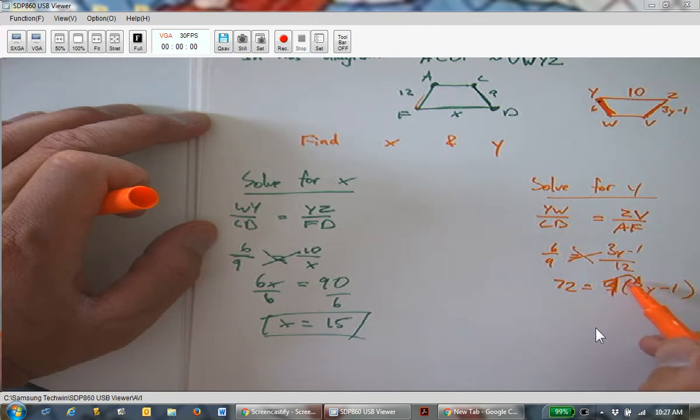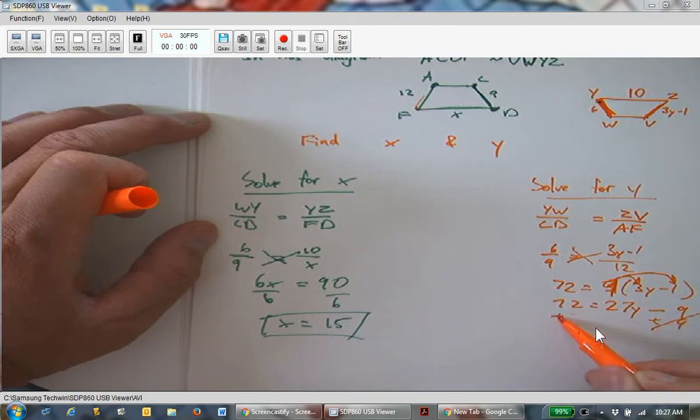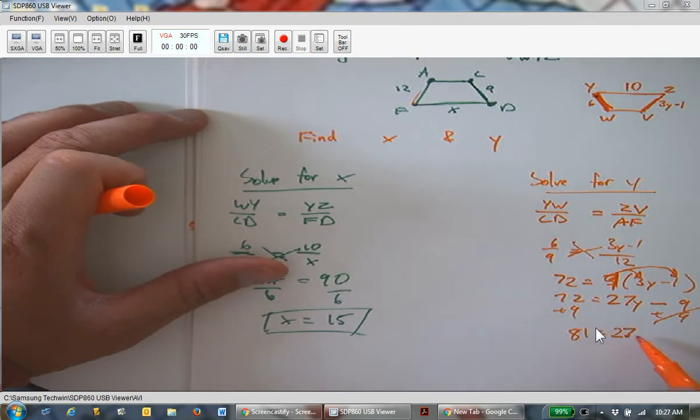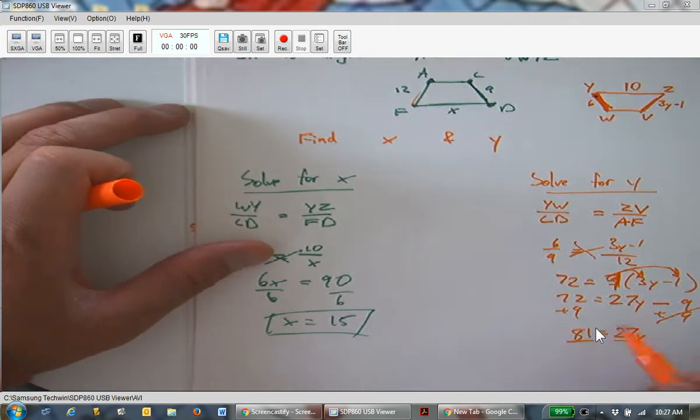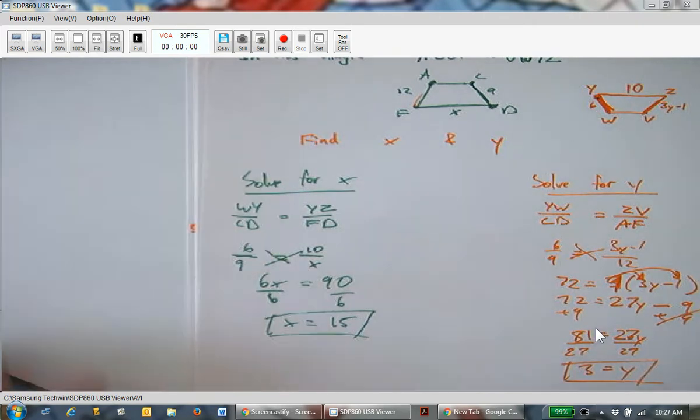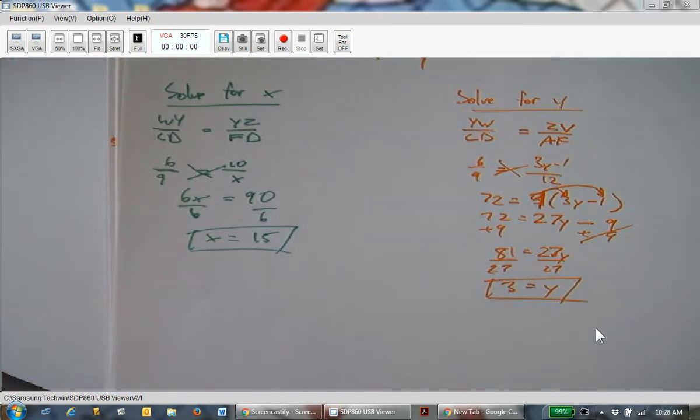You do the distributive property at that point to get 72 is equal to 27y minus 9. You add 9 to both sides. You should have gone 81 is then equal to 27y. If you are familiar with multiples of 3 and 9, you would recognize that if I divided these by 27, you would end up getting 3. Very, very good. You guys did wonderful.